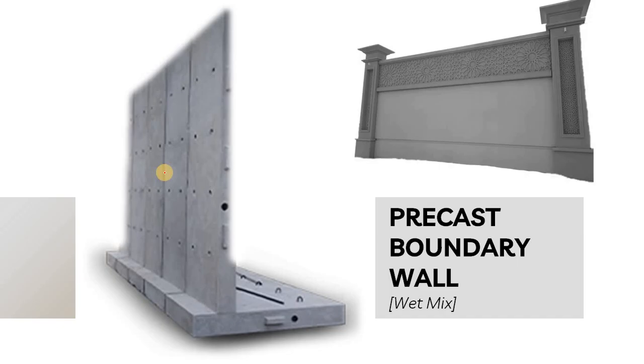In the hollow core slab we generally use dry mix concrete, or approximately zero slump concrete, where the elements are produced using machines. In that case we need zero slump concrete, or controlled mix. In the boundary wall we particularly use wet mix.